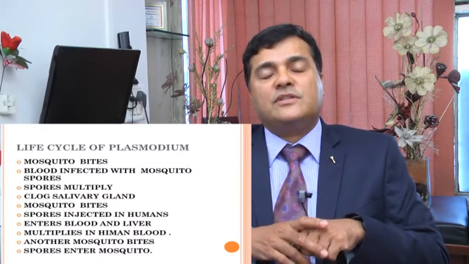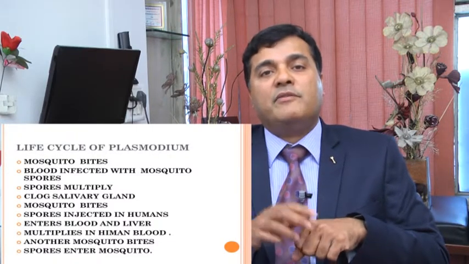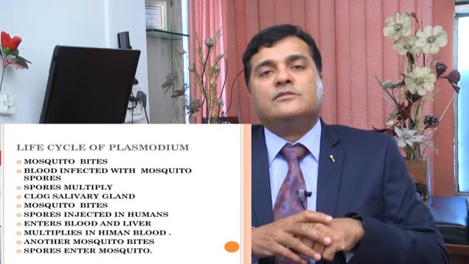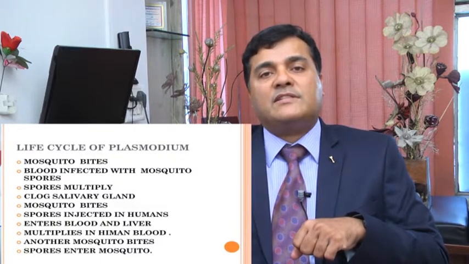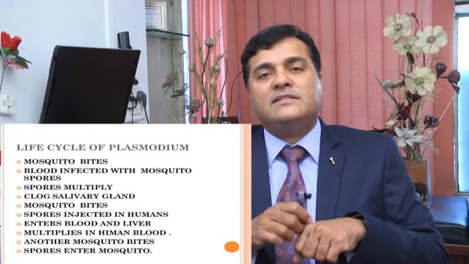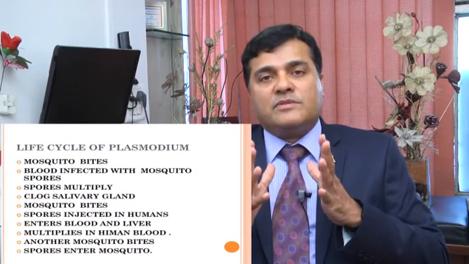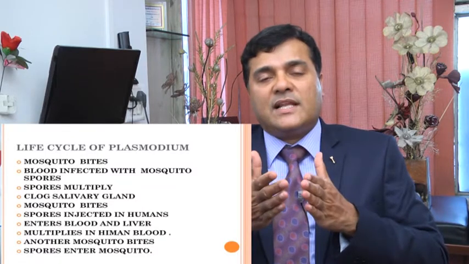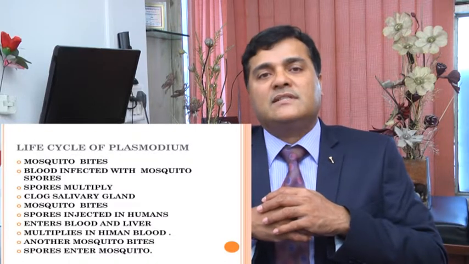The second function that the saliva of mosquito does is that it prevents the blood from clotting. Because of these two important reasons, the mosquito has to inject some saliva inside our skin, but the plasmodia is so smart that it goes and clogs the salivary gland and it therefore enters our body through this saliva.